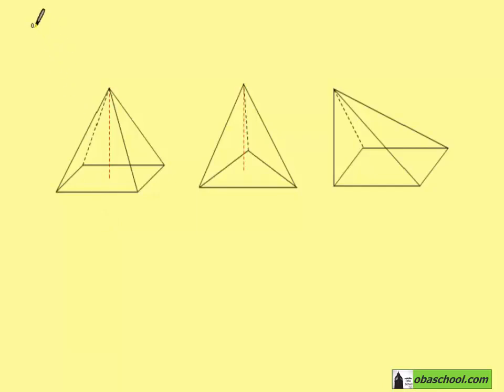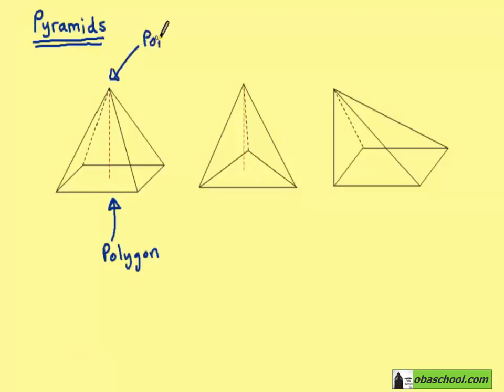In this section, we're going to look at a family of three-dimensional shapes known as pyramids. A pyramid has a polygon at one end, and from this polygon it gradually tapers to a point at the other end.